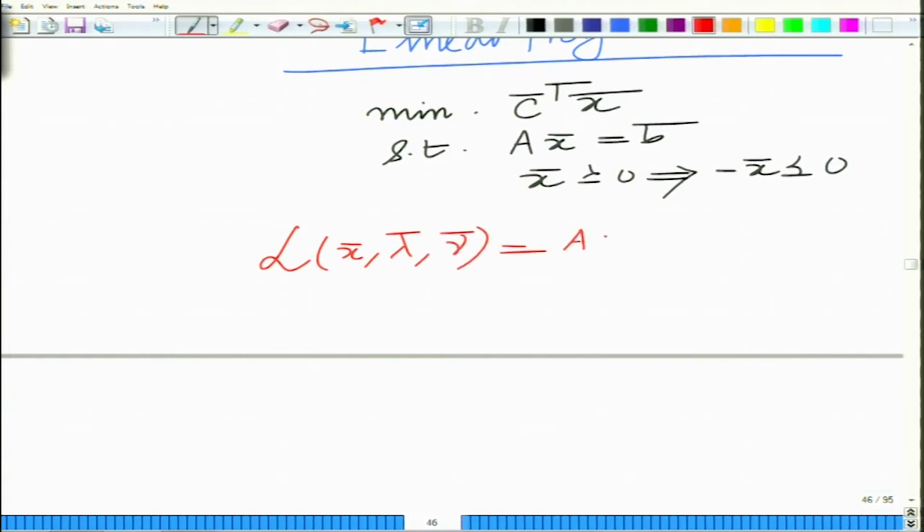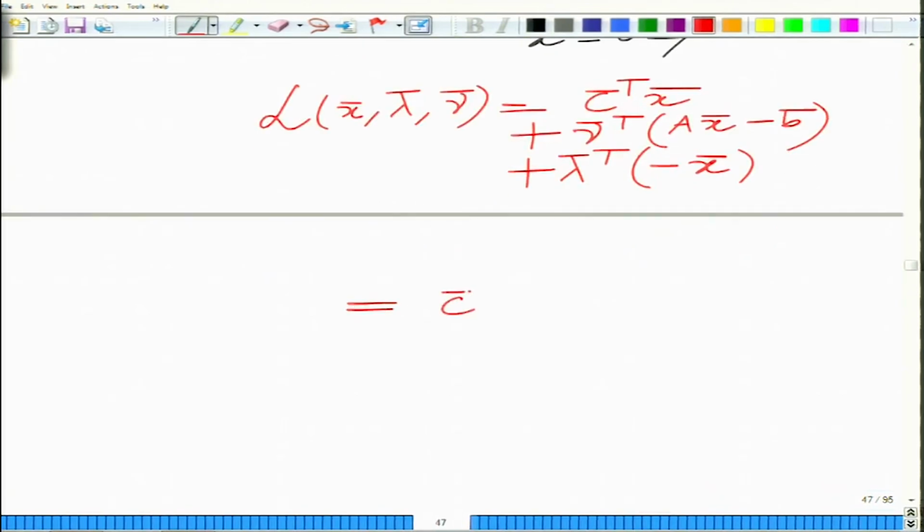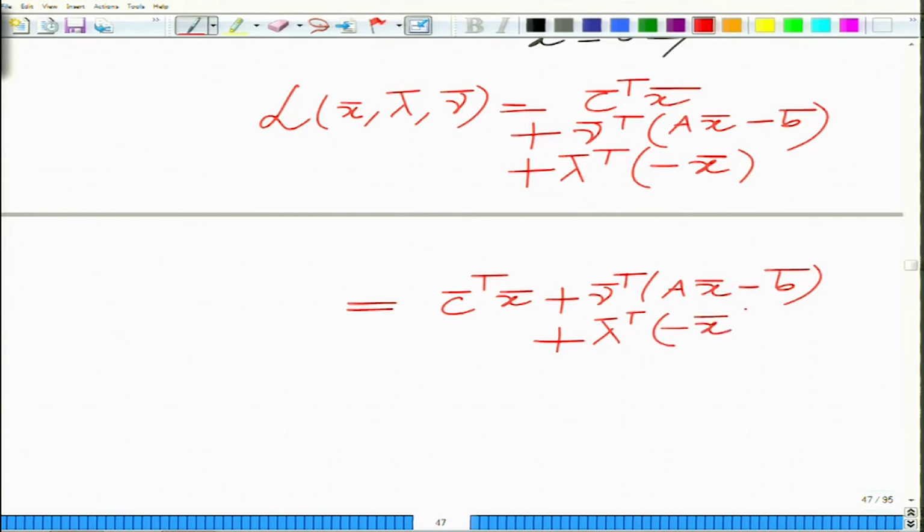So the Lagrangian will be the objective function c bar transpose x bar plus one Lagrange multiplier for each equality constraint, that is the same as before, nu bar transpose (A x bar minus b bar), where nu bar is a vector comprising the Lagrange multipliers for the equality constraints, plus lambda bar transpose, one Lagrange multiplier for each inequality constraint, times minus x bar, which equals c bar transpose x bar plus nu bar transpose (A x bar minus b bar) plus lambda bar transpose times minus x bar.